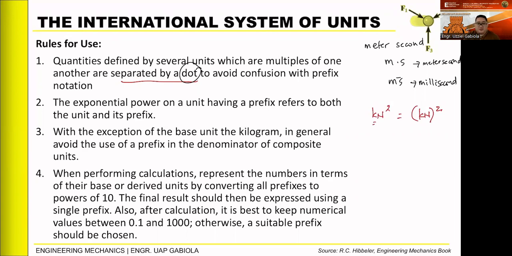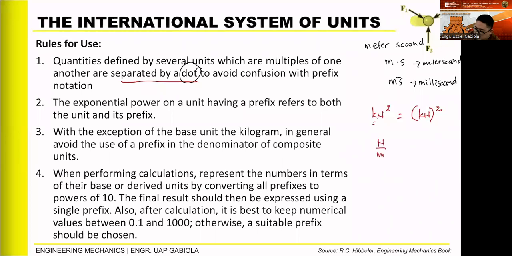Number 3, with the exception of the base unit, the kilogram, in general, avoid the use of a prefix in a denominator of composite units. Okay? So, kung halimbawa, meron tayong unit, no? Halimbawa, Newton per mm.